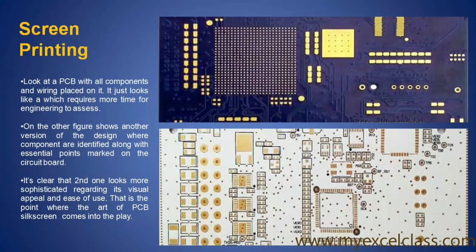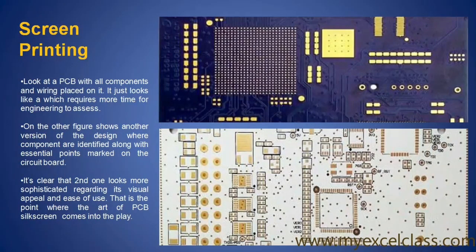Silk screen means, if you make your PCB properly and want to identify it better, there are some rules. First, the component names in the PCB are added. Then component values are added.